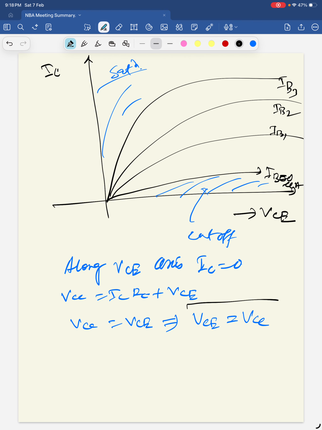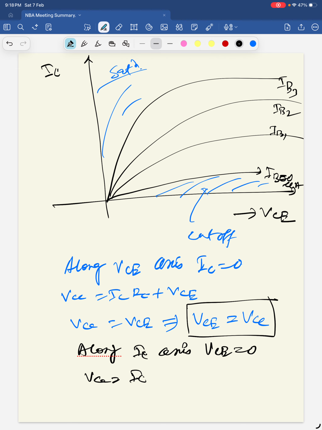So this is one important point. Now along y-axis, along IC axis, what will happen? VCE should be 0. So in this expression, if we put VCE is equal to 0, VCC is equal to IC into RC. That will give you IC is equal to VCC by RC.